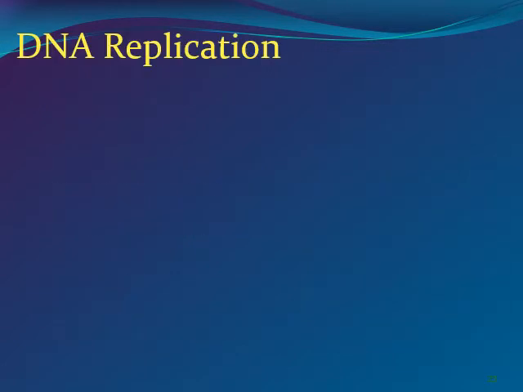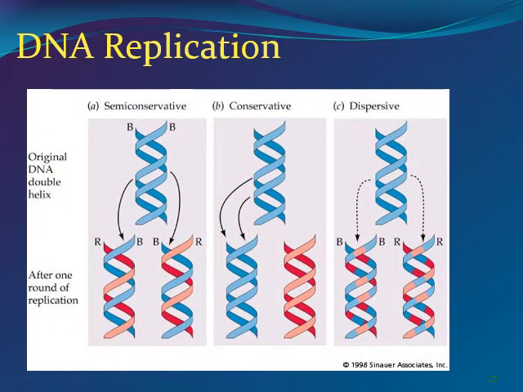The researchers suggested that DNA may replicate in any of three possible ways: semi-conservative, conservative, and dispersive. In conservative, one double helix specifies the creation of a second double helix, as a result forming two daughter molecules of DNA, one containing the parental strands and the other containing two new strands.